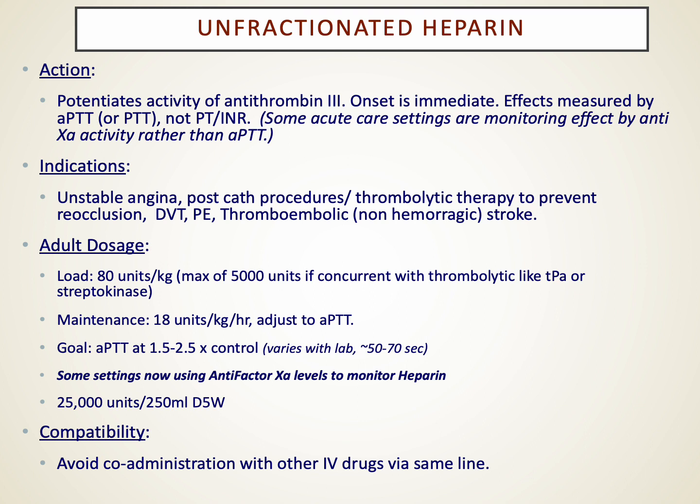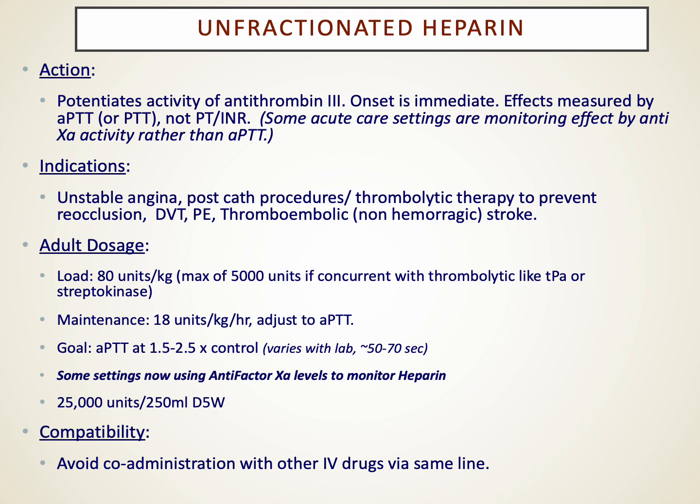There are a few issues as far as dosing that are listed here. I encourage you to let that sort of fall over your eyes. But just keep in mind that when we're giving full dose heparin for an active coronary event or active deep vein thrombosis, not prophylaxis to prevent one in a patient who is in a hospital bed and not moving, but somebody who's actually had a thrombus of some kind, we give big dose IV heparin, and we monitor it carefully with this set of tests.